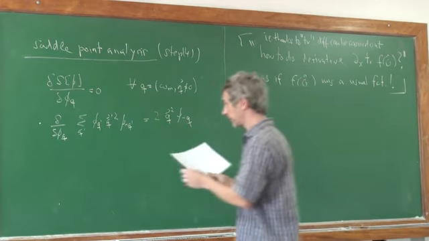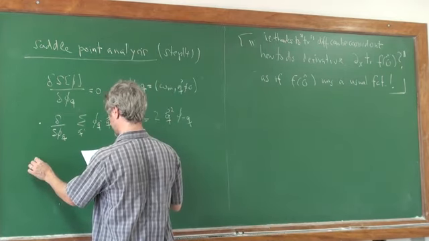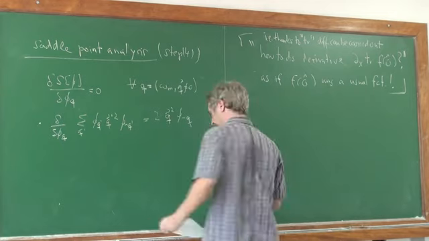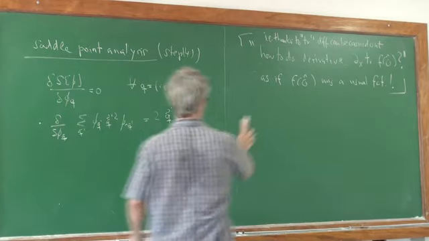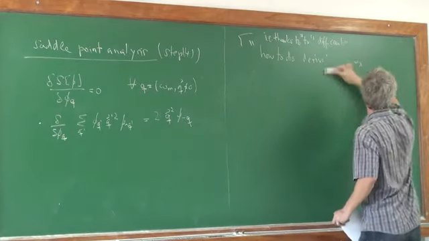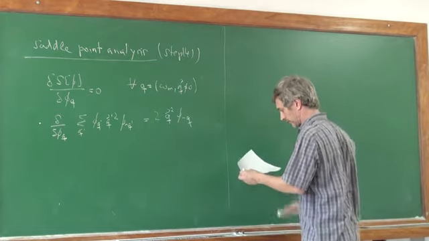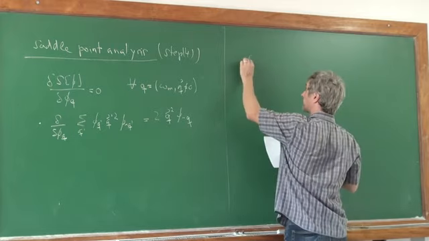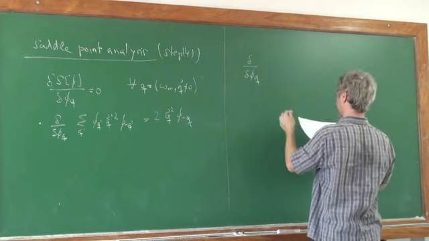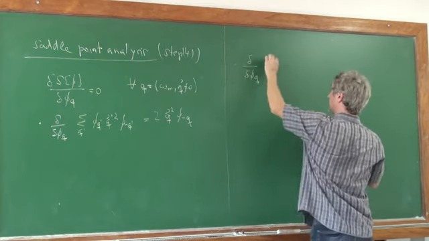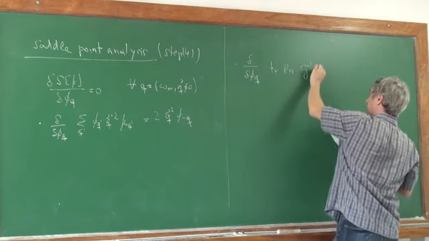And the second part, let's write it. Here, trace log G to the minus 1 phi.